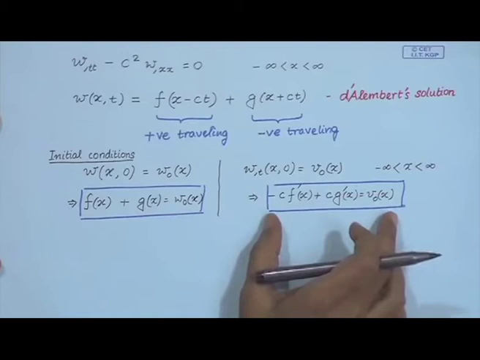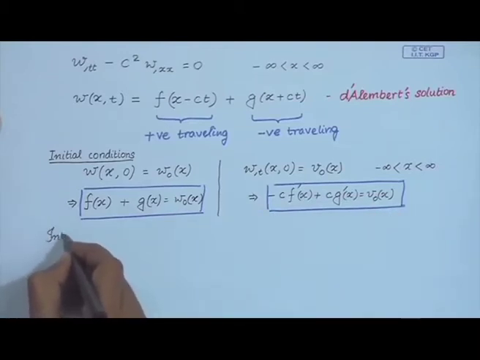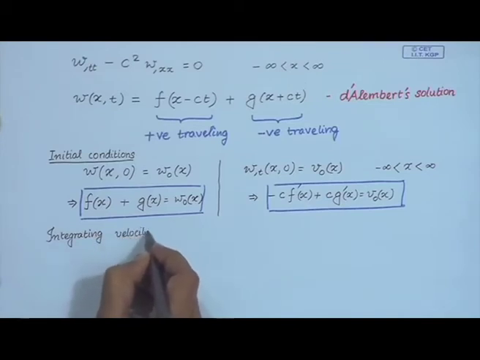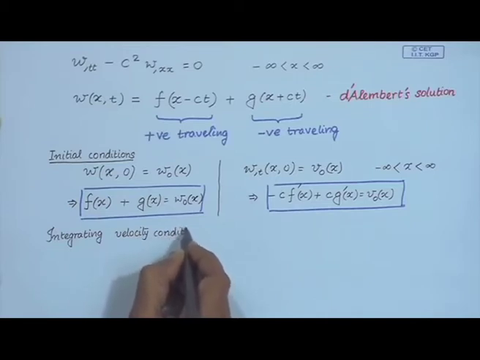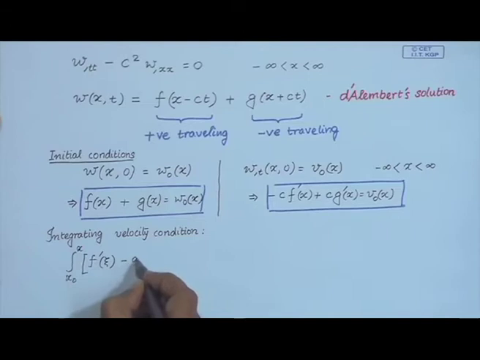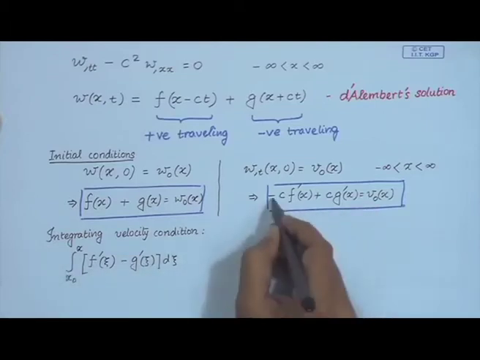If we integrate this velocity condition, we are integrating from x 0 to x, and I will put the 1 over c on the right hand side.